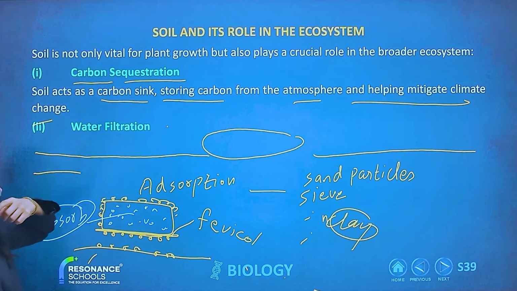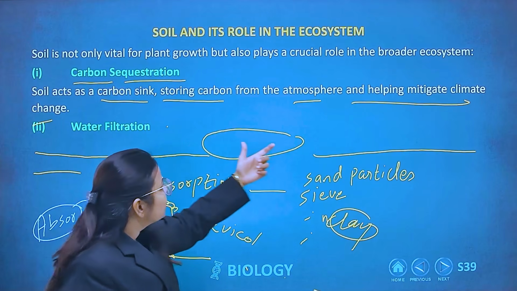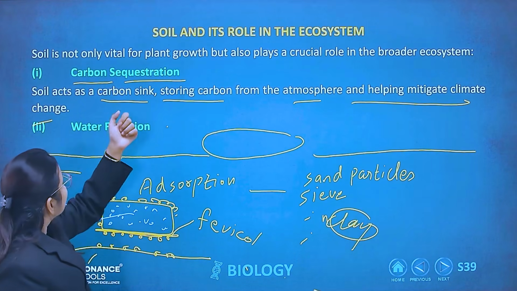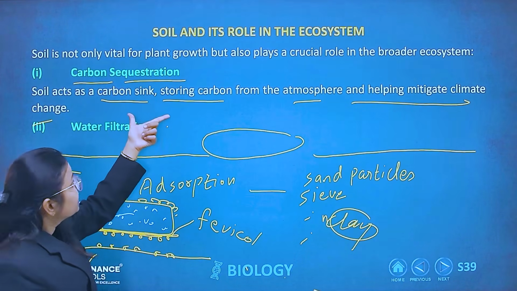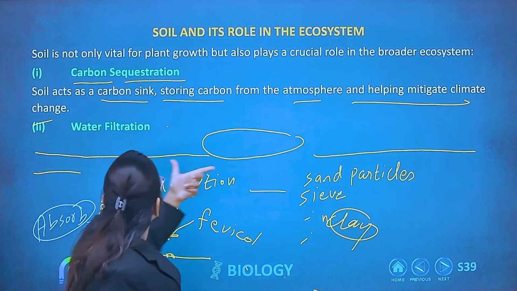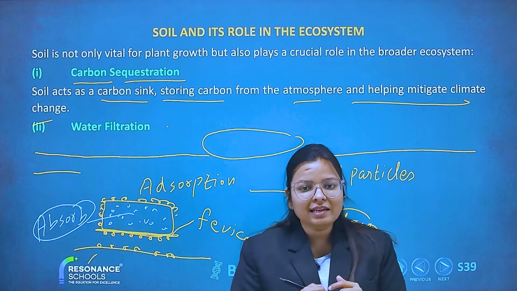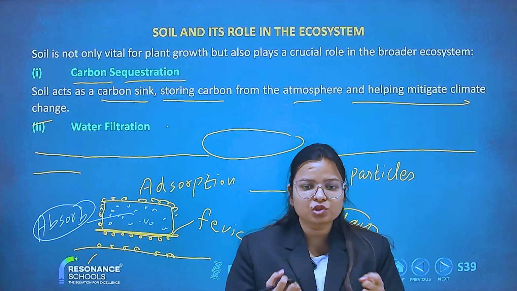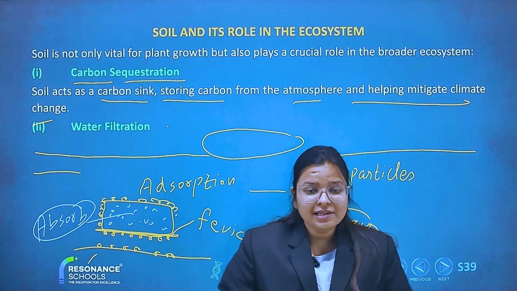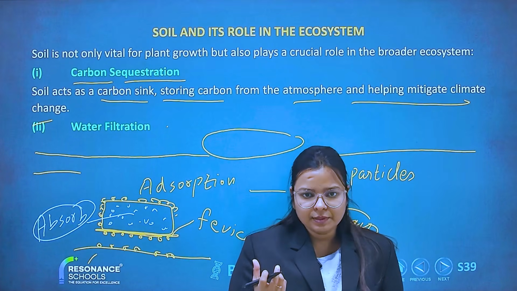Soil is not only vital for plant growth but also plays a crucial role in the broader ecosystem. How? Carbon sequestration. Soil acts as a carbon sink, storing carbon from the atmosphere and helping mitigate climate change, because whatever carbon is present in the environment, soil can take and store it. How can soil take it? Plants have organic matter, meaning carbon.